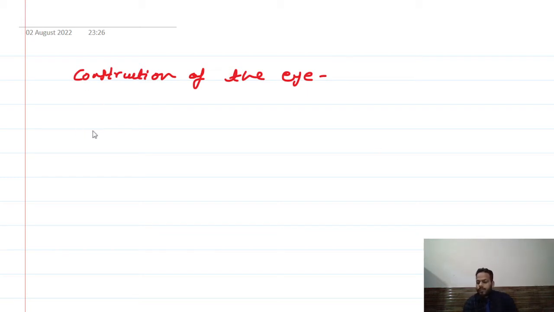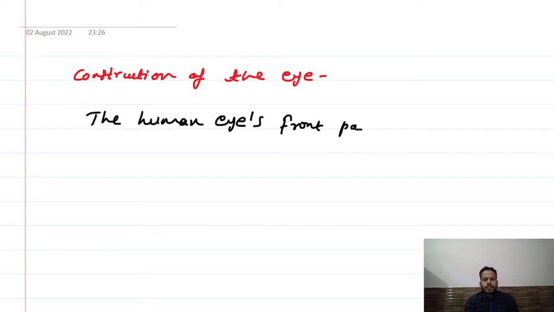The human eye's front part is called cornea. बच्चों, फ्रंट पार्ट ऑफ ह्यूमन आई को cornea कहते हैं.